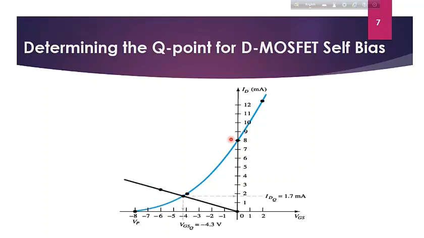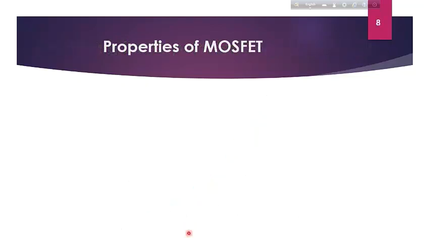Here you can see that according to the graph, it is the Q point, and VGSQ is equal to minus 4.3 volt, and on the other hand IDQ stands at 1.3 milliampere.